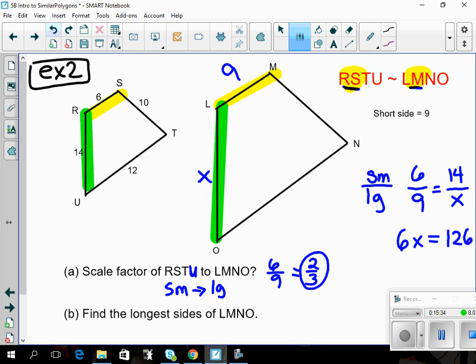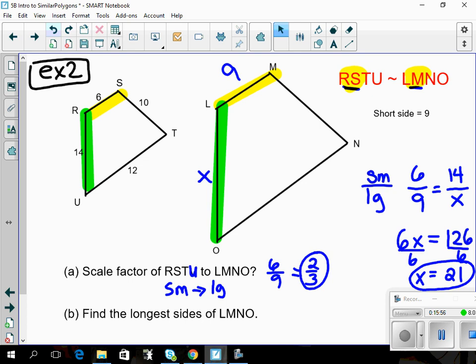And then we're going to divide by 6. And Kiana, what'd you get? 21. That's right, 21.